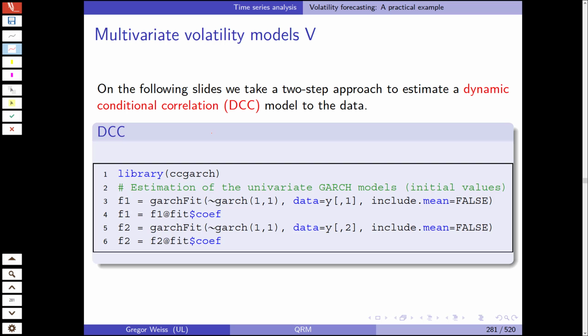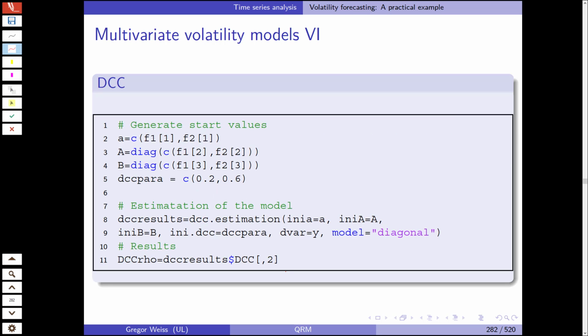So next, we'll estimate a dynamic conditional correlation model. We again take those demeaned time series Y, first and second column, and we fit a GARCH model to both time series, write down the estimated coefficients of F1 and F2. We generate the start values for the DCC model.